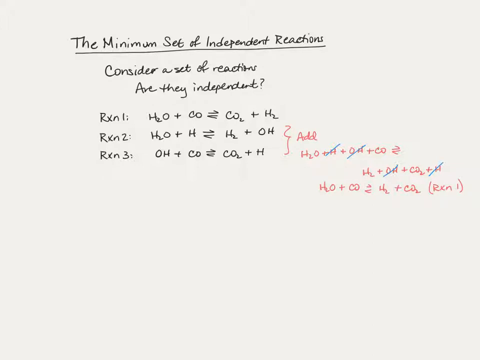This one is not too hard to see intuitively how this could happen, but I want to develop a rigorous approach. So the rigorous approach says I'm going to create a matrix of those nu i's, the stoichiometric coefficients.